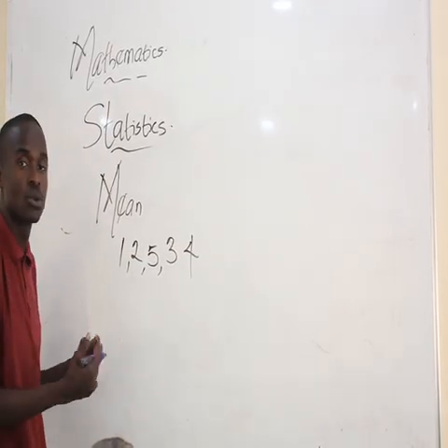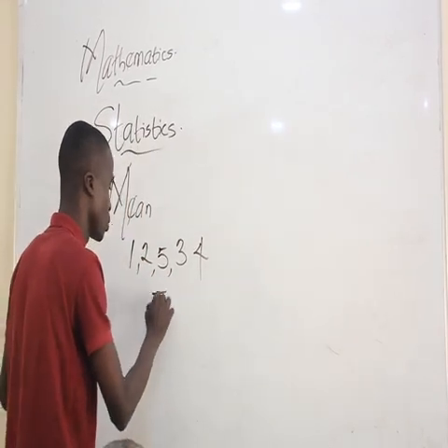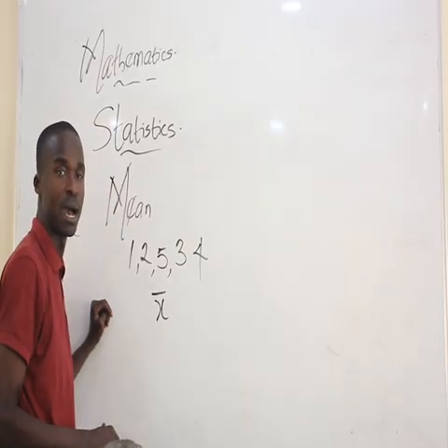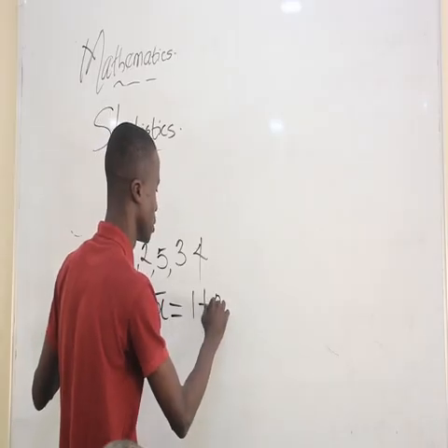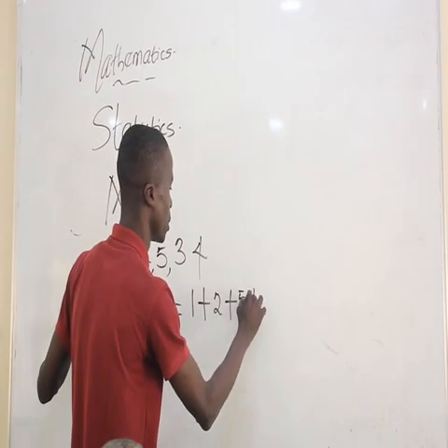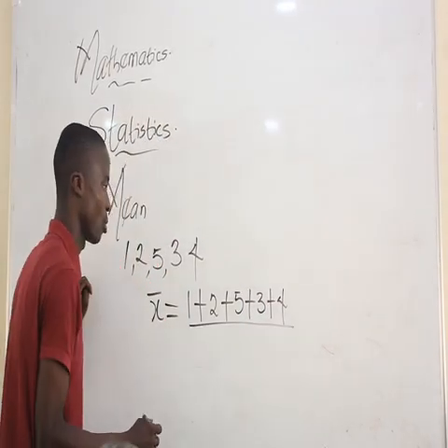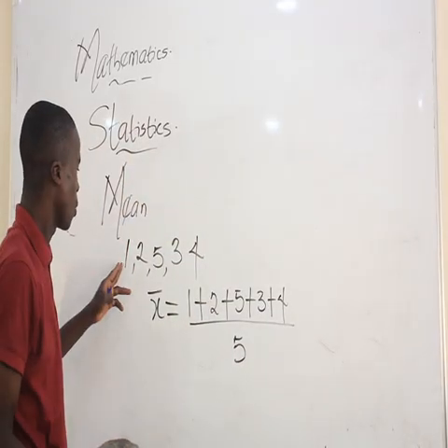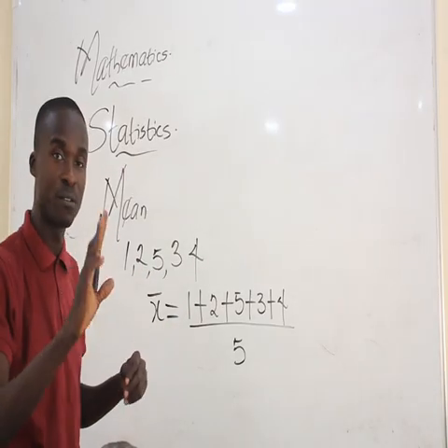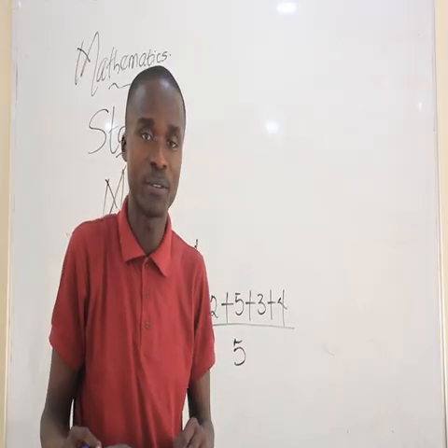Now, the first thing you do is the sum of all of it. Your mean, which is also represented by x bar, is equal to the sum of all, 1 plus 2 plus 5 plus 3 plus 4, all upon 5. How did I get 5? 1, 2, 3, 4, 5. 5 items were given, so that is why it is all upon 5.